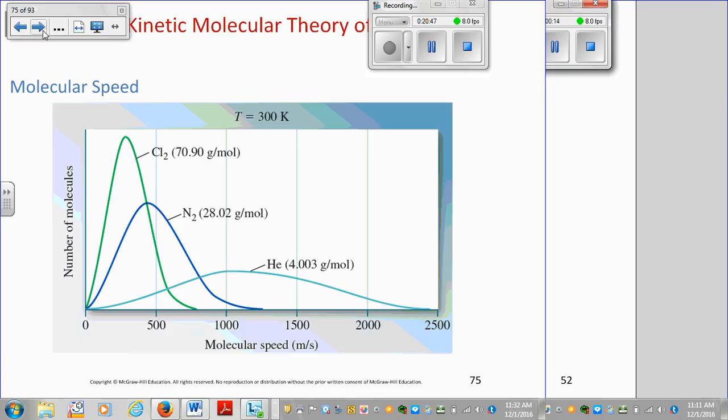So here we have just one temperature, 300 K. We have chlorine, nitrogen, and helium. Why the difference? Why are there more molecules of hydrogen at a higher speed than of chlorine at the same temperature? Chlorine is what compared to hydrogen?